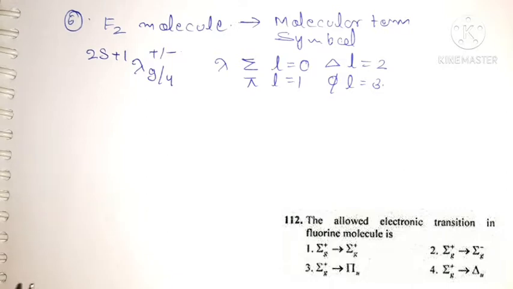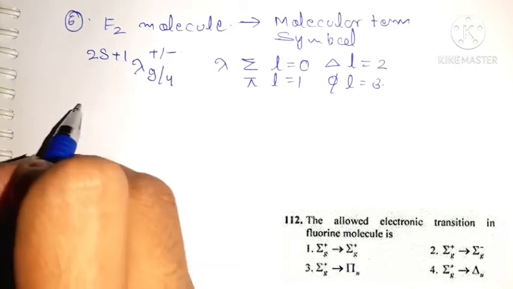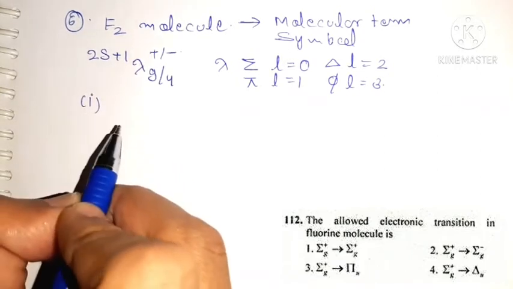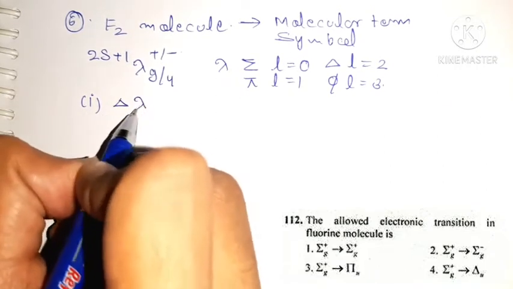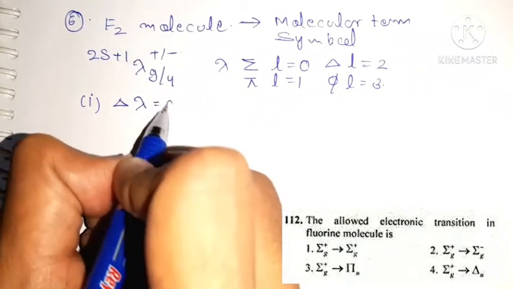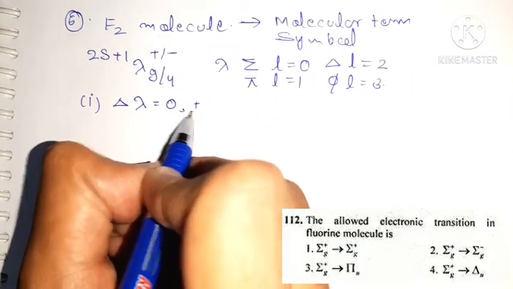Now, for finding which transitions are allowed or not, we must know the selection rules for the molecular term symbol. And what are the selection rules? See, the first selection rule says that the difference of lambda will be 0 or plus minus 1.